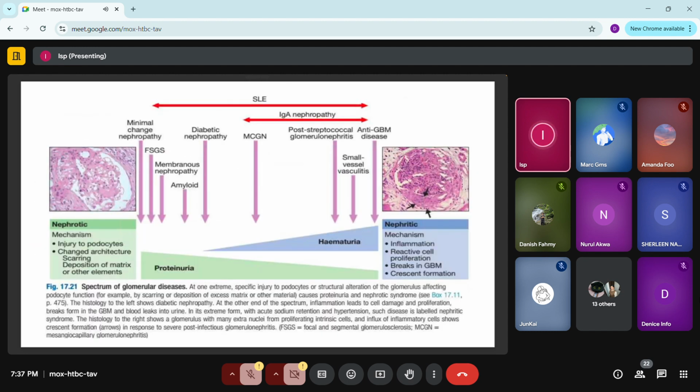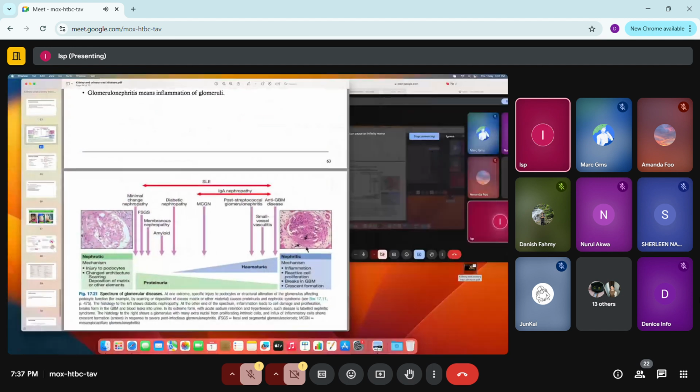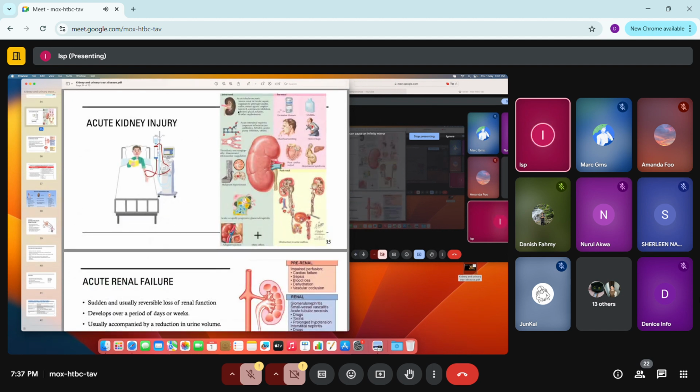So basically, this slide summarizes the renal causes for acute renal injury. Remember, just now we had one slide about this. We have pre-renal, renal, and post-renal causes.